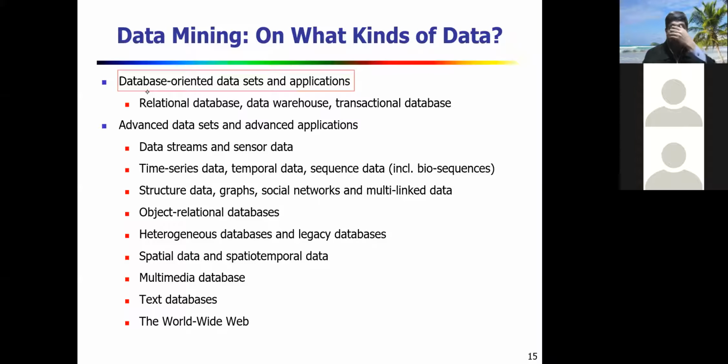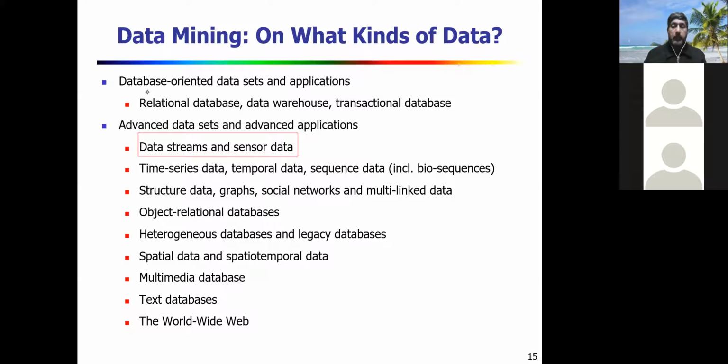So we have briefly mentioned the types of data sets before. So this slide highlights some of them again. You can have data mining done on a relational database, on a data warehouse, on a data lake, on a data cube, on a graph database, on, for example, the web as well, which might be considered as a database.